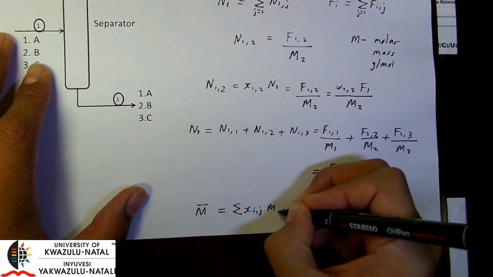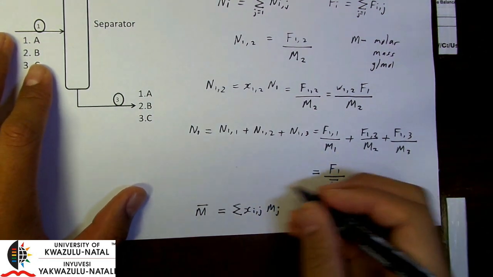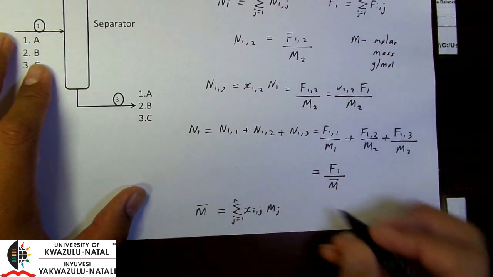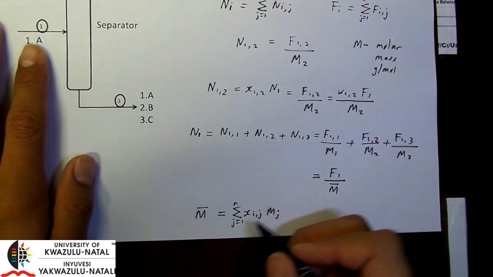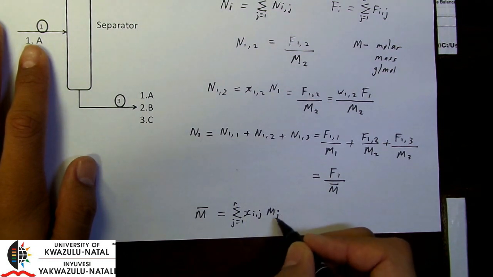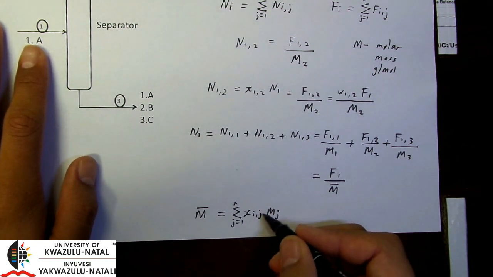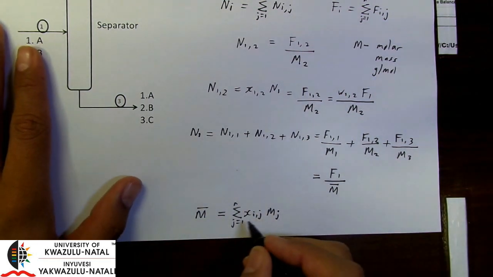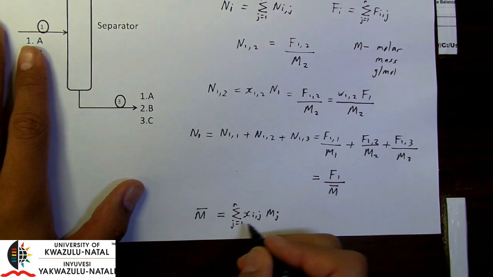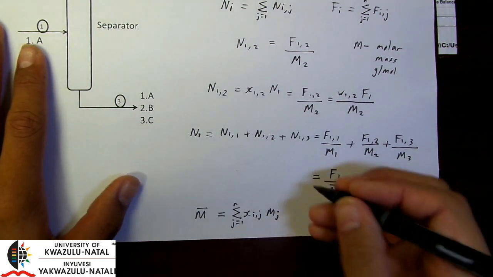So we're looking at a mole fraction. Remember that our M bar is a function of our mole fraction times our individual molar masses. Do not confuse this with mass fractions. In this case, we have to use a mole fraction.